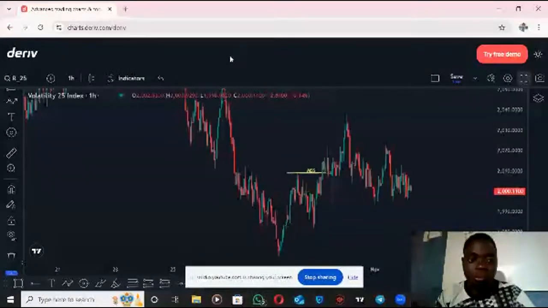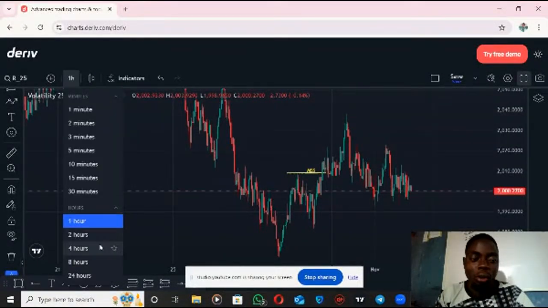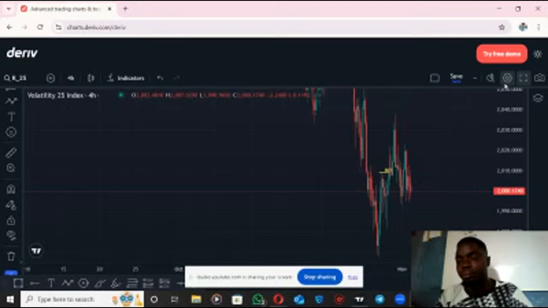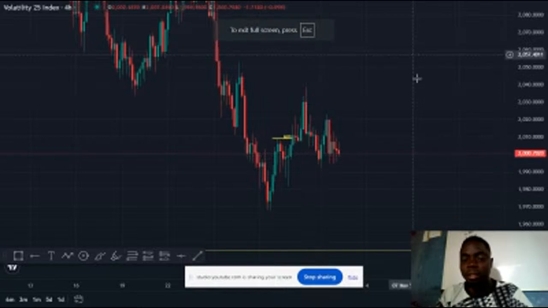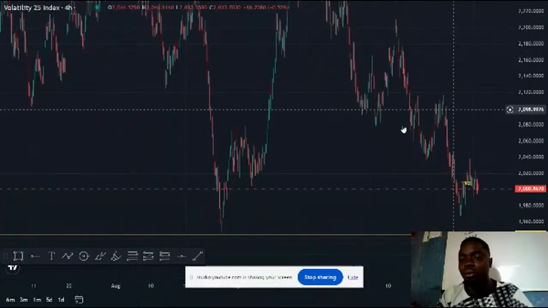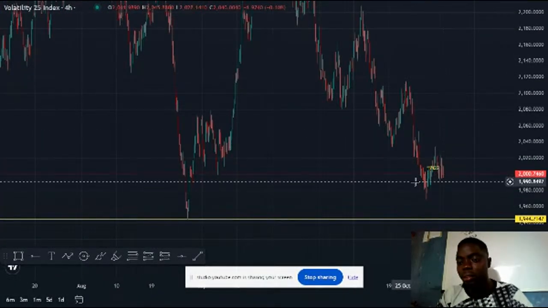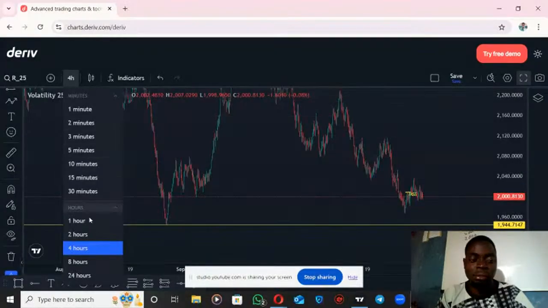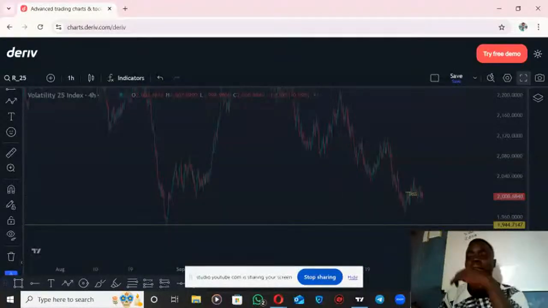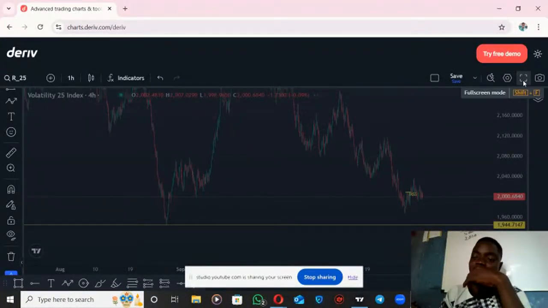That was where we were on the 4 hour. Yeah, this point. Let me show you this point. So price is at a discount level, so selling from here is not advisable. You can see why the top down analysis is very, very important.